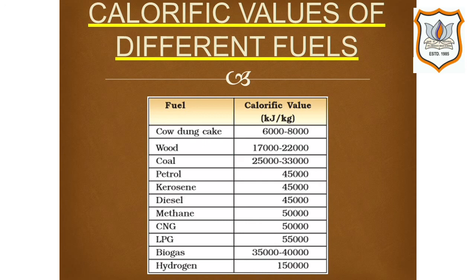The calorific value of LPG is much higher than the calorific value of cow dung cake and coal. This means that the burning of the given amount of LPG will produce much more heat than burning the same amount of cow dung cake or coal.